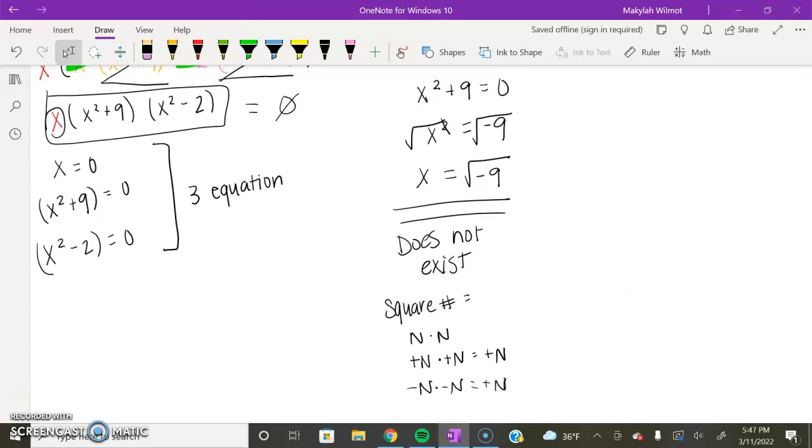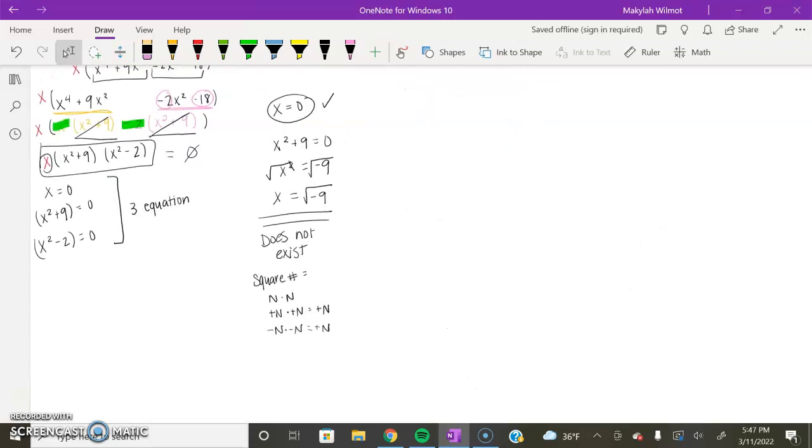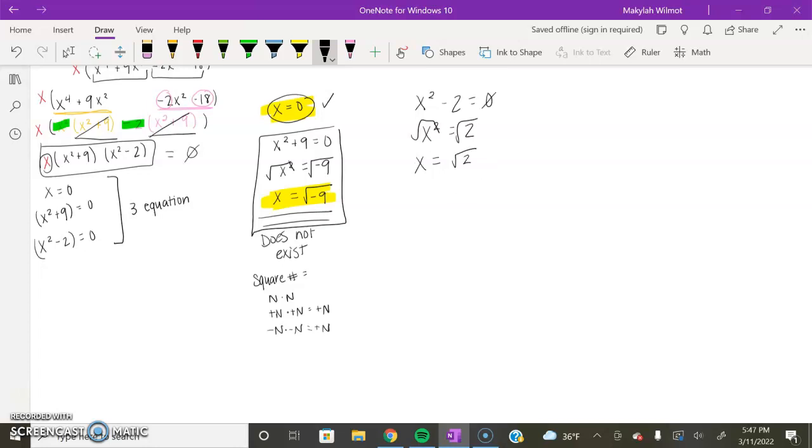So let's look at our other ones. We have x equals 0. We have this, so we're going to go ahead and highlight. And then we have x squared plus, oh wait, minus 2 equals 0. x squared equals 2, square root, x equals square root of 2.